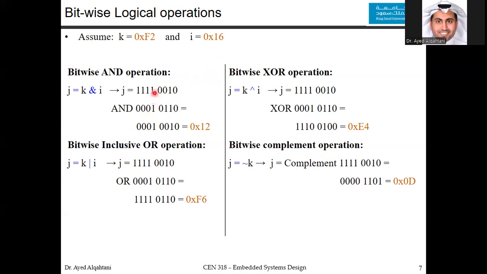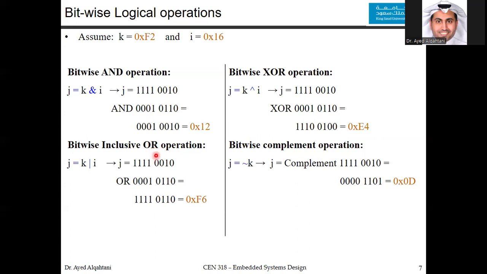We do the AND bit by bit. This is what we mean by bitwise AND operation. 0 ANDed with 0 is 0, 1 ANDed with 1 is 1, and basically it's always 0 except if you have 1 and 1. So it's 0 here, here you have 1 and 1, so you have 1. The rest is 0.